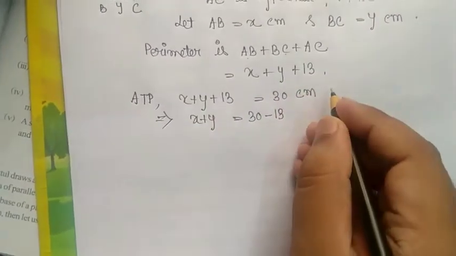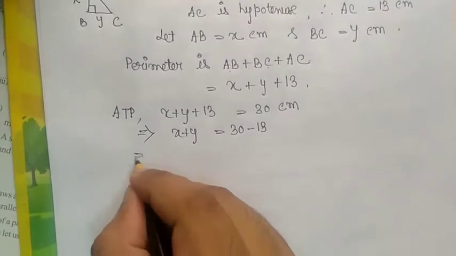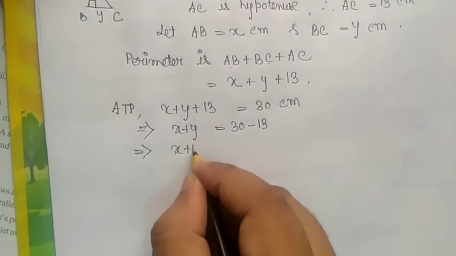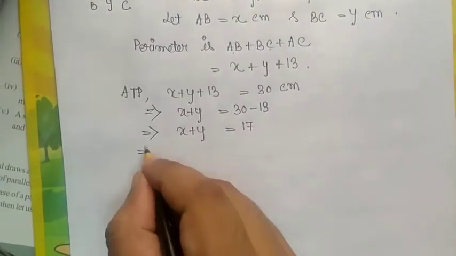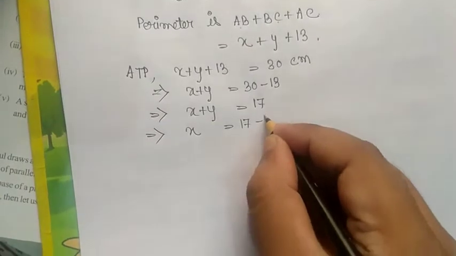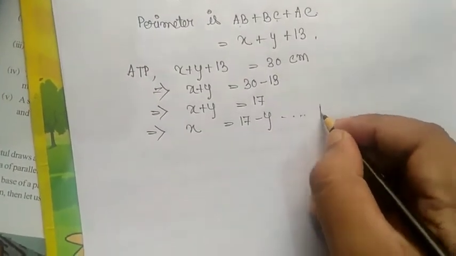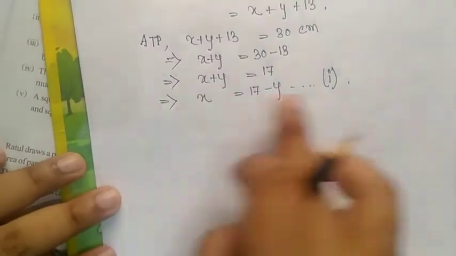If 13 goes to the right side, it should be minus. So 30 minus 13, x plus y equal to 17, or x equal to 17 minus y. This is the first equation.